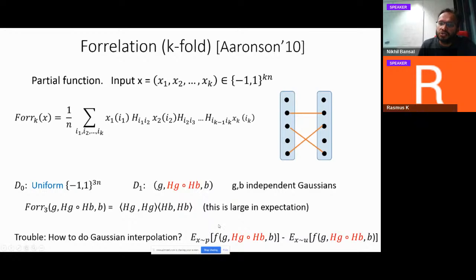If you wanted to show that no classical algorithm or decision tree can distinguish them unless it has a lot of depth, all we need to do is take this distribution D1, which I'm calling P, and show that any small depth decision tree, given F minus, when X was coming from the uniform distribution on this thing.